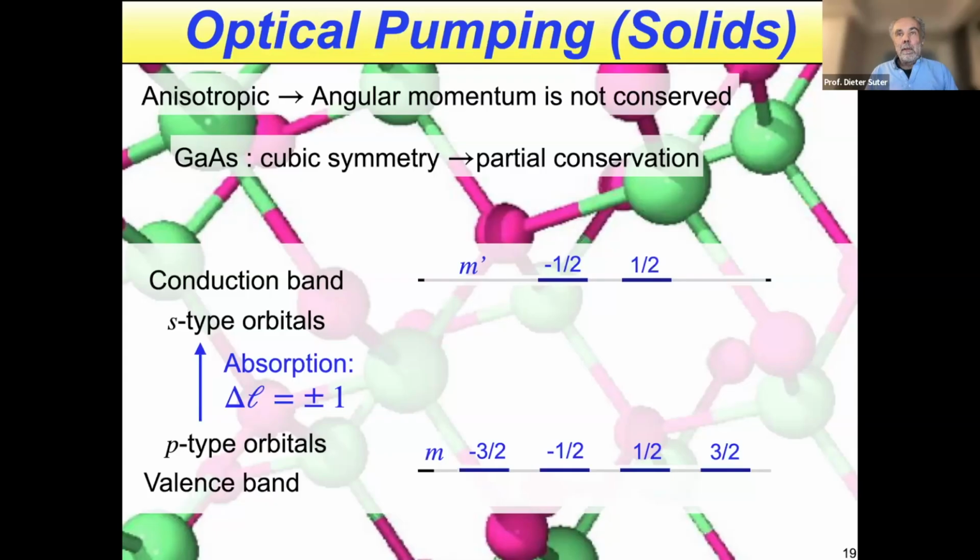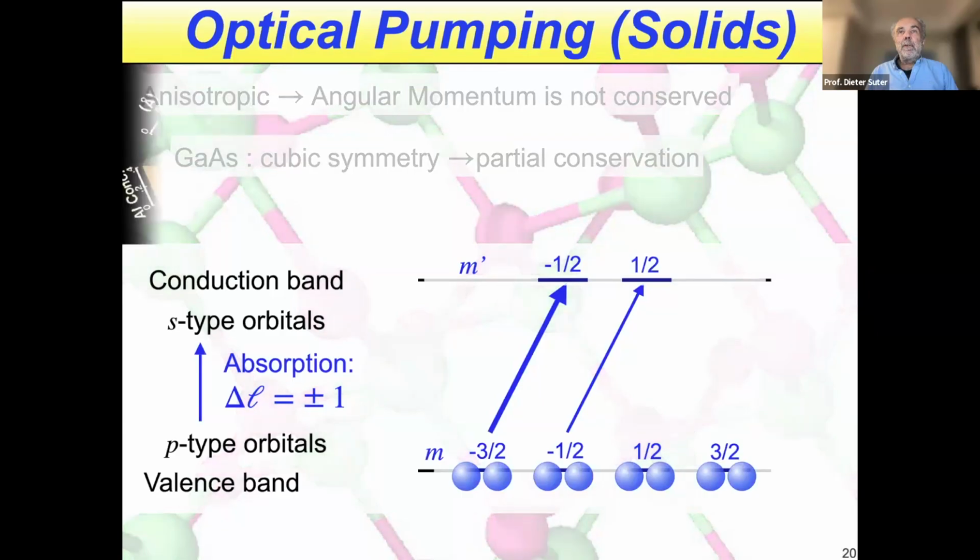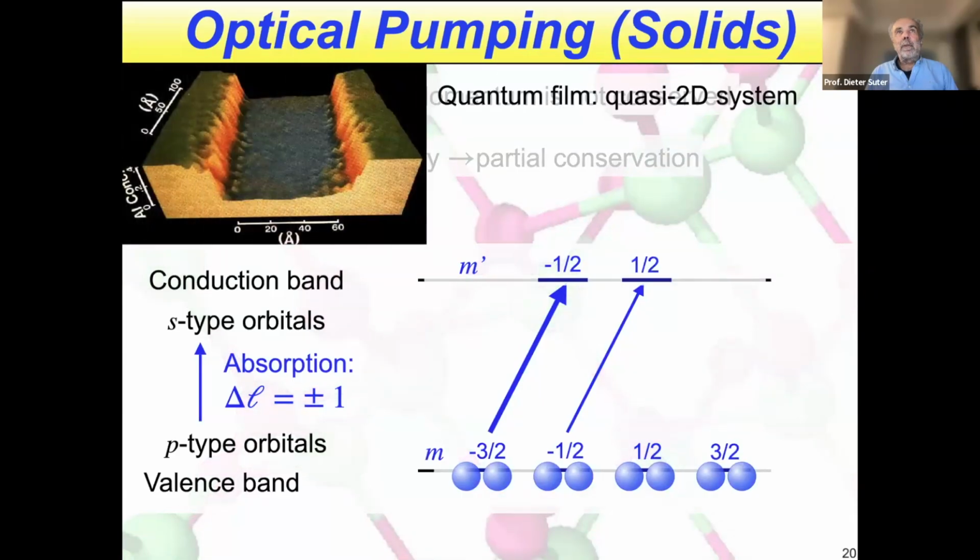So we have in this case for circularly polarized light again two possible transitions with actually different transition probabilities. If you do that, you will create some spin polarization in the conduction band, but you will not get unit polarization.